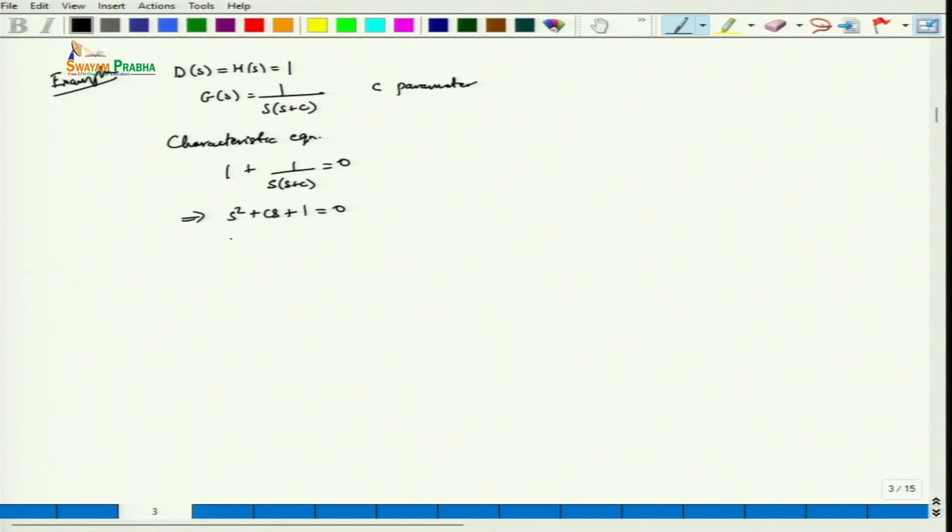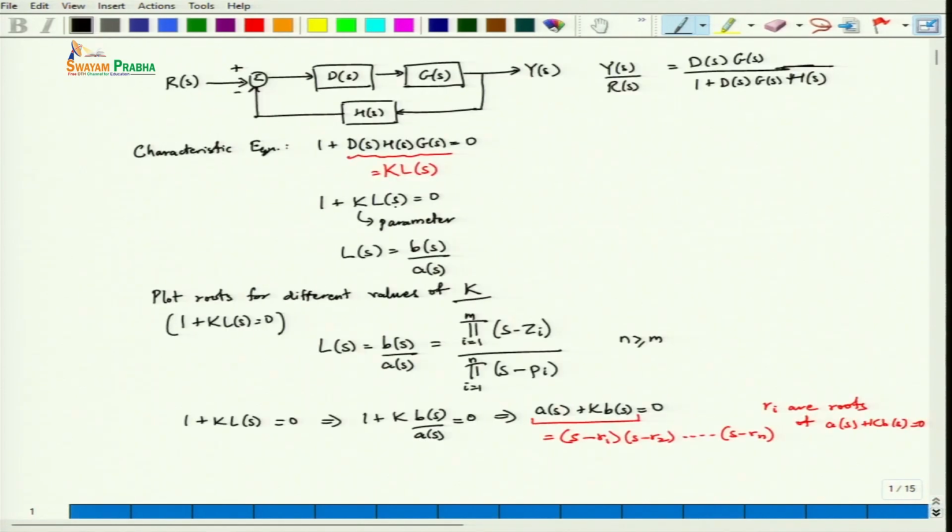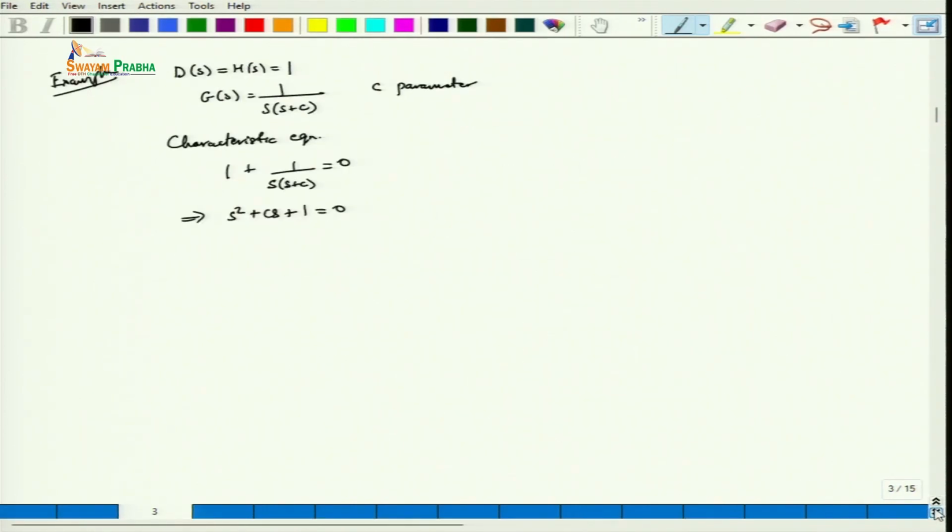So, the equation we have seen previously is 1 plus k into L of S is equal to 0. So, based on that, if we do a comparison, we can identify that k is equal to C and L of S is basically equal to S divided by S square plus 1. In this scenario, B of S is equal to S and A of S is equal to S square plus 1.